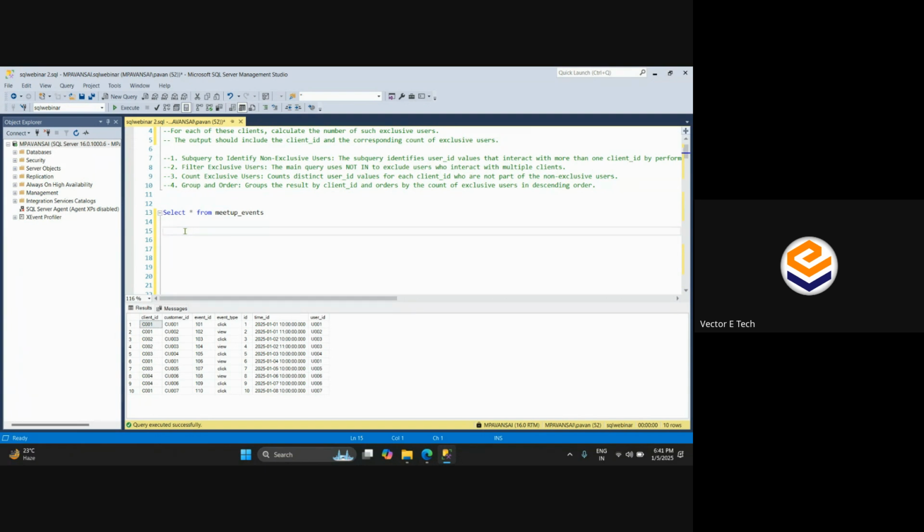If you understand what a subquery is, a subquery is nothing but a query within a query, you could say a nested query. With respect to this data, let us try to filter out those people.